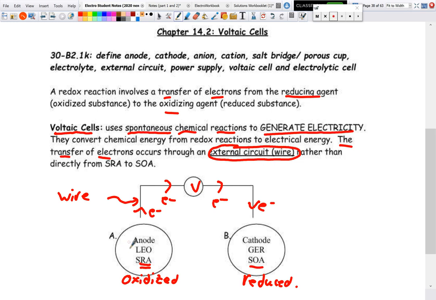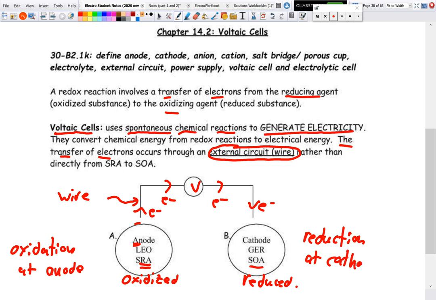Now one thing we'll have right here is the anode. This represents that solid electrode. The anode is where the reaction actually occurs, and oxidation always happens at the anode and reduction always happens at the cathode. The anode is our negative terminal, so this will always be the case for every electrochemical cell.